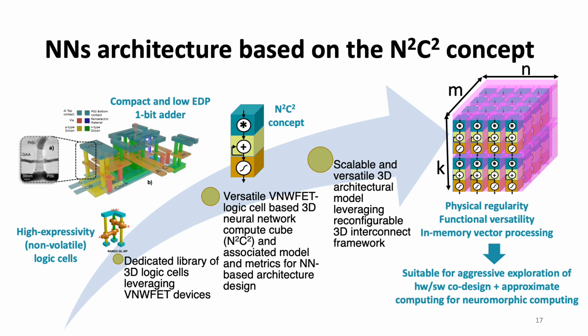Its fundamental properties of physical regularity, functional versatility, and in-memory vector processing make it very suitable to explore hardware-software co-design techniques. For that, the Into-C2 features multiple means of configuration.